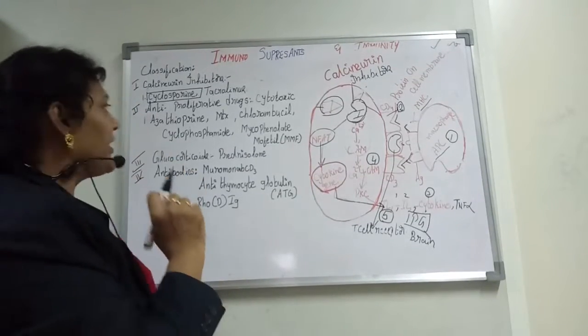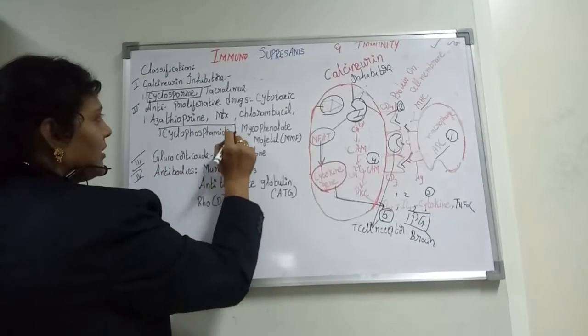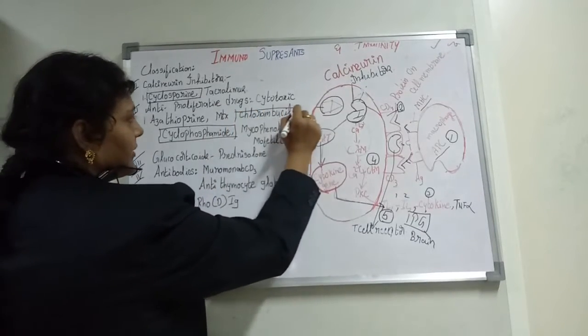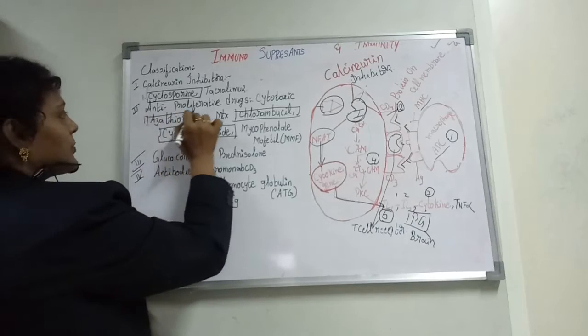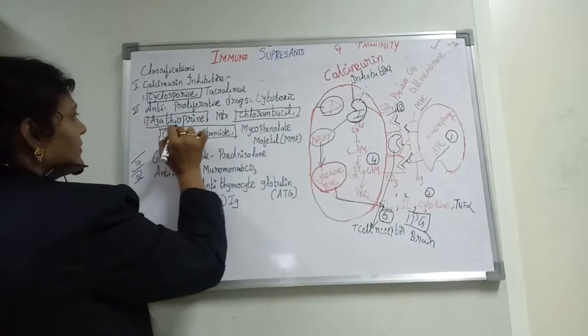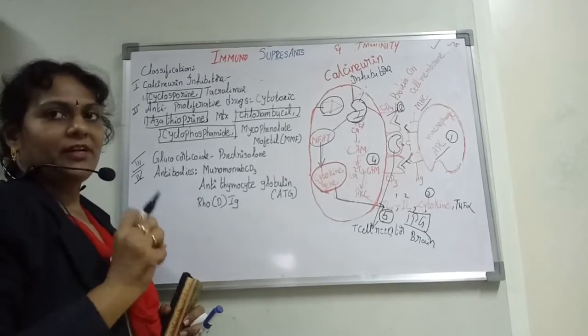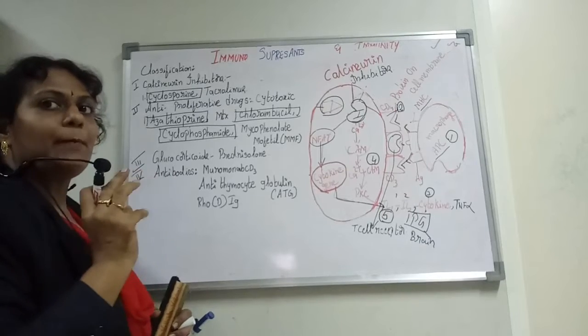potency of that classification. And here cyclophosphamide and chlorambucil are much more potent drugs. After these two, azathioprine comes into the space. So I am giving you the potent drugs in that particular classification in block-like structures, which is indicating that they are potent.